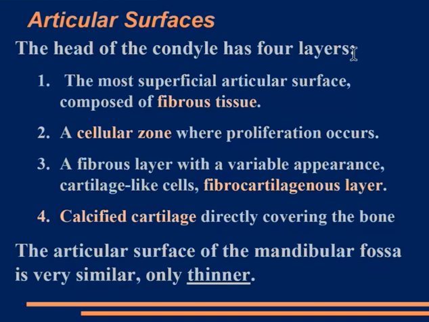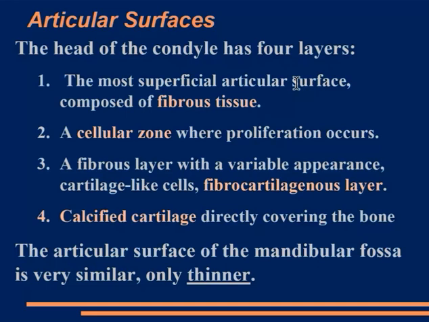The most superficial layer forms the articular surface. It's composed of fibrous tissue. Although most of it is collagenous, we also have elastin fibers that have a specific arrangement in how the collagen fibers run.